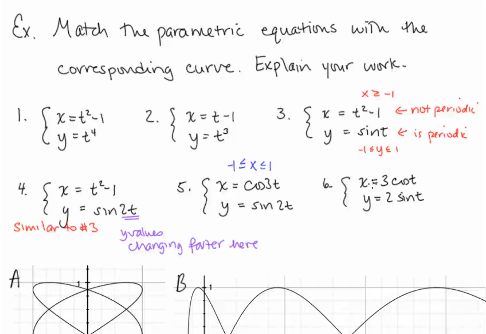But in number 6, this is 3 times those values. So here we're taking the range of the cosine function and multiplying it by 3. So here we have x between -3 and 3. Here y is between -2 and 2, yet here y is between -1 and 1. So we've got x and y periodic, but their bounds are different.